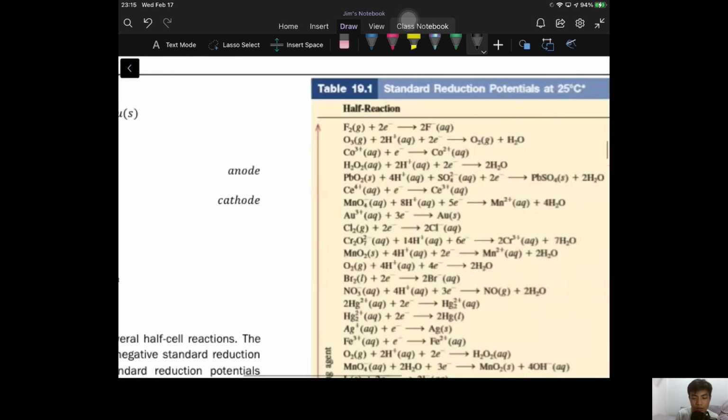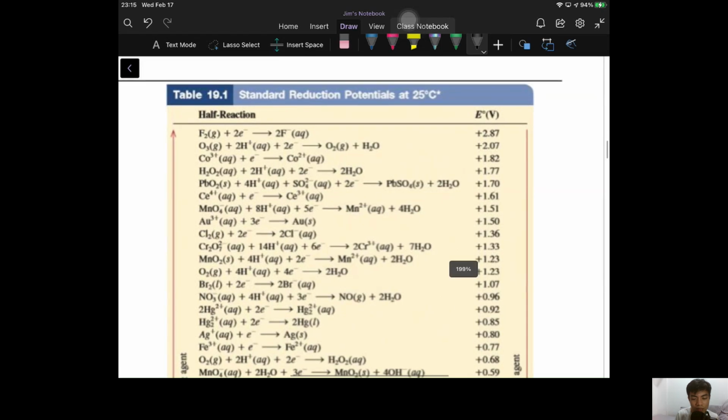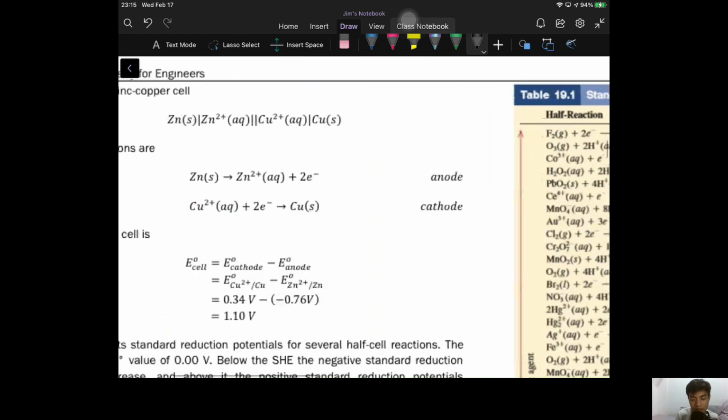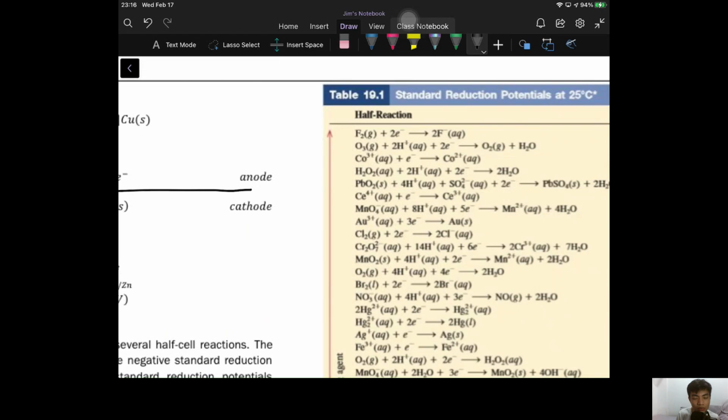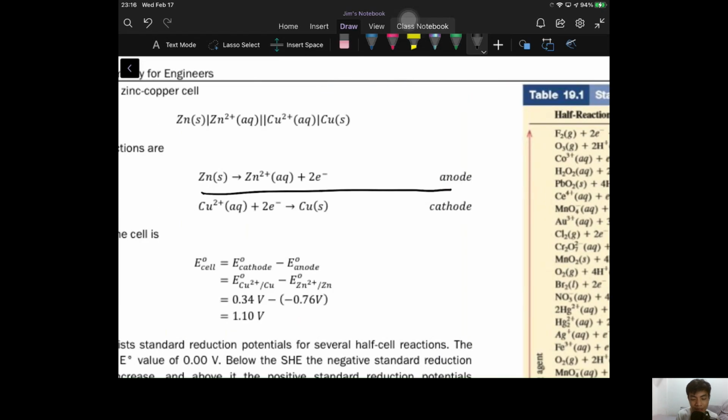Okay. Yun nandito sa SRP table. SRP tawag diyan ay standard reduction potential table. Ito ay naka-reduction formula. So ibig sabihin yung mga anode dito nakabaliktad. Okay? Nakabaliktad yung mga anode doon, pero hindi natin papansinin 'yon. Okay? Huwag niyo pansinin kung baliktad yung equation or not. Okay?